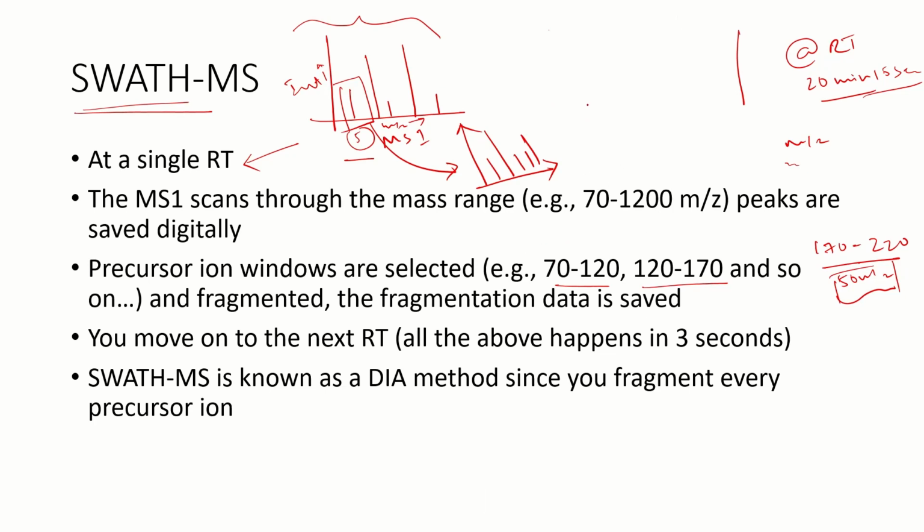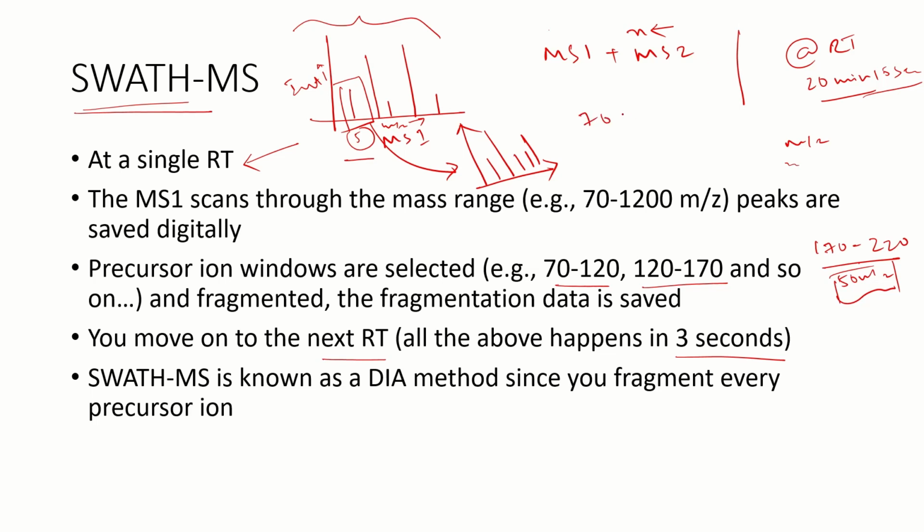Now this all happens within a very small amount of time, like 3 seconds for one cycle. By cycle I mean at a particular RT it takes only 3 seconds to do the whole MS1 scan plus the n number of MS2 scans, n being the number of windows specified.